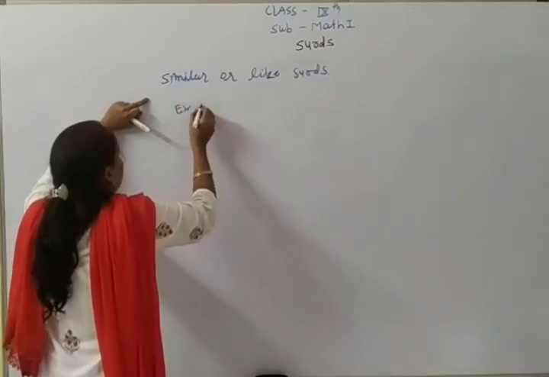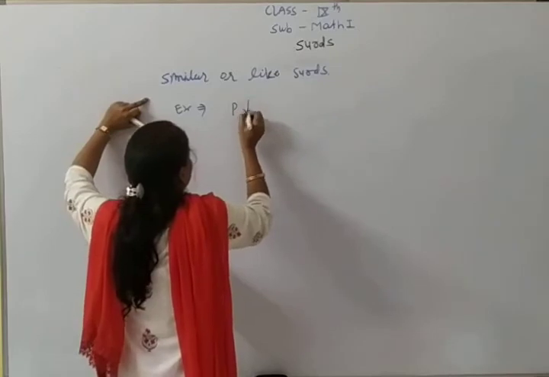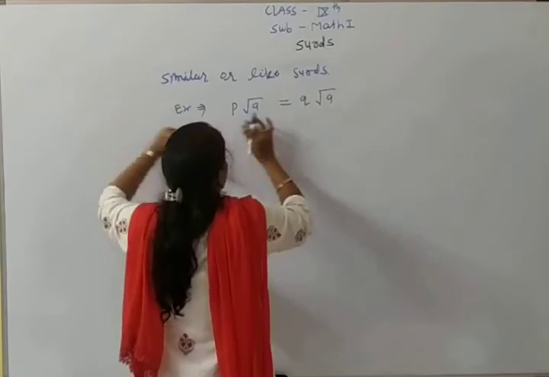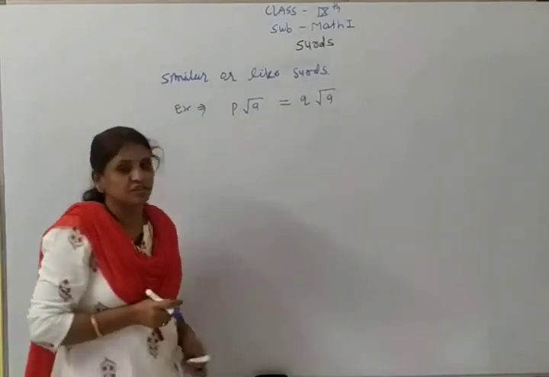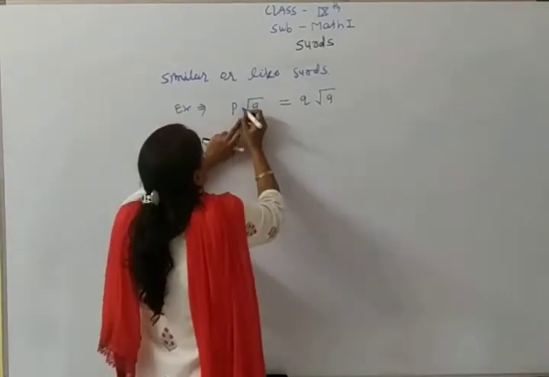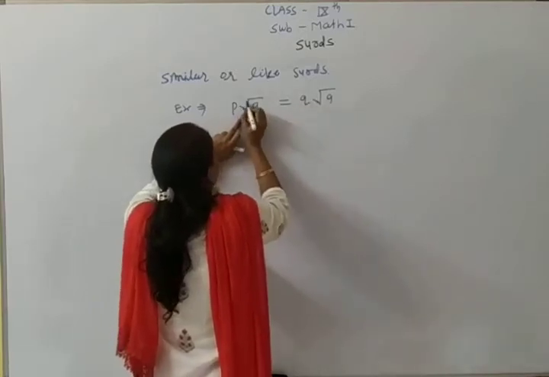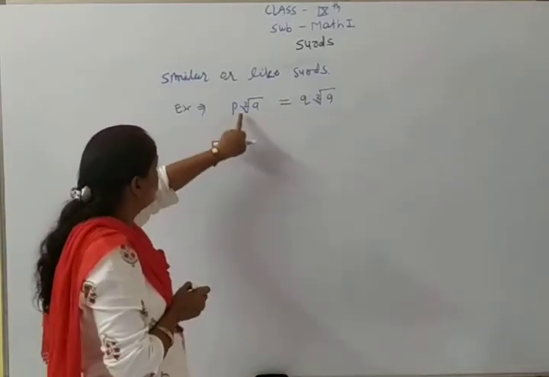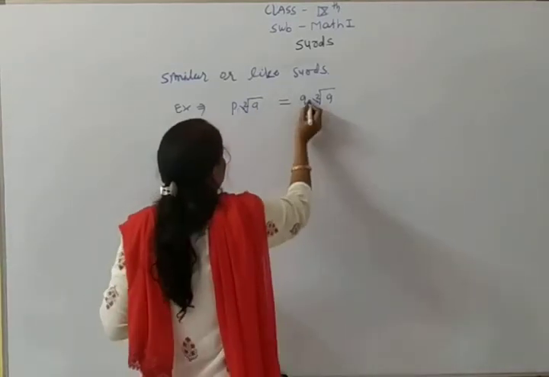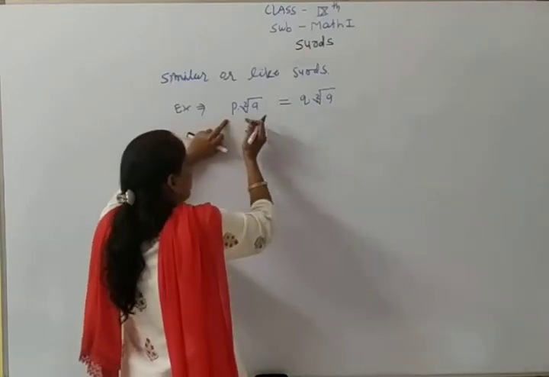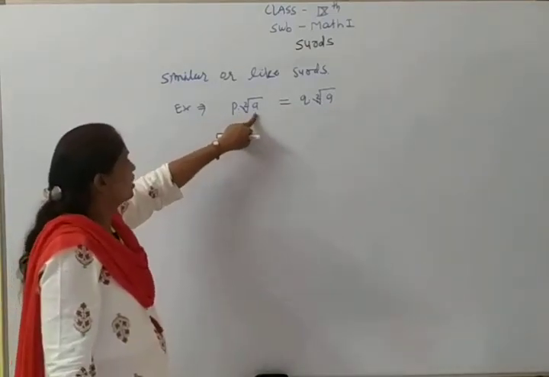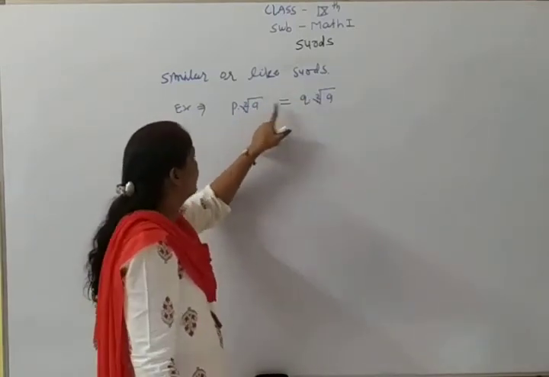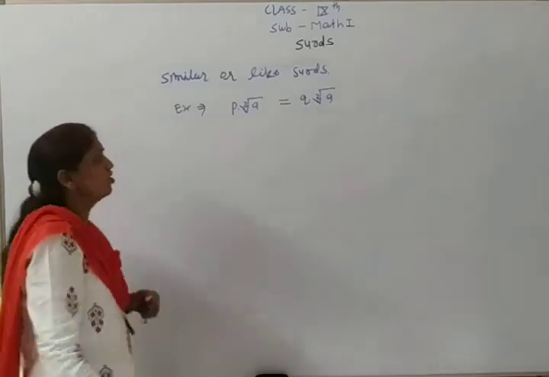For example, p root a and q root a are both like surds or similar surds, because the order here is 2 in both, and p and q are outside the square root. So in this problem the order is the same, that is 2, and the radicand is also the same. So these are similar or like surds.